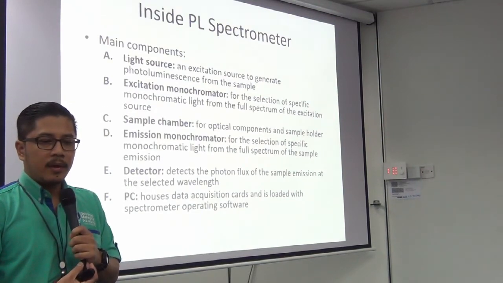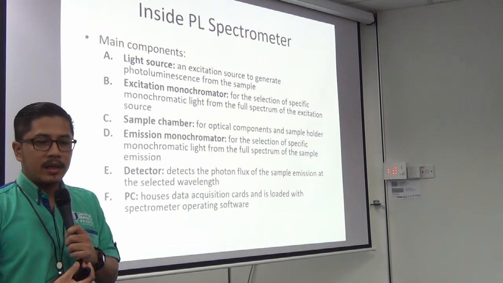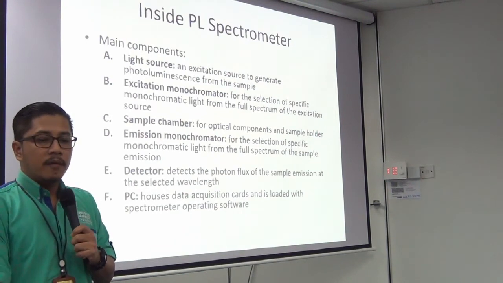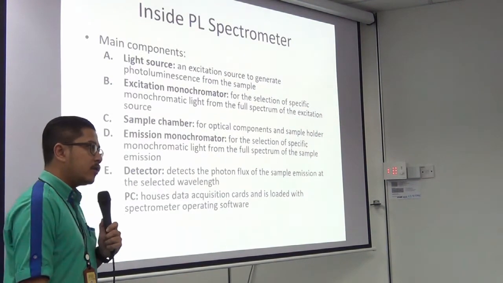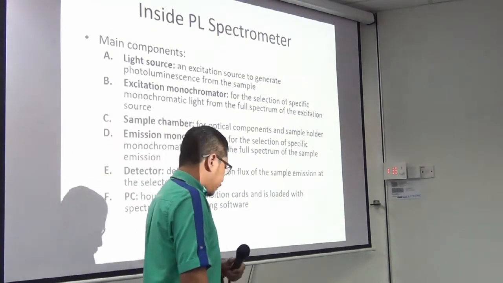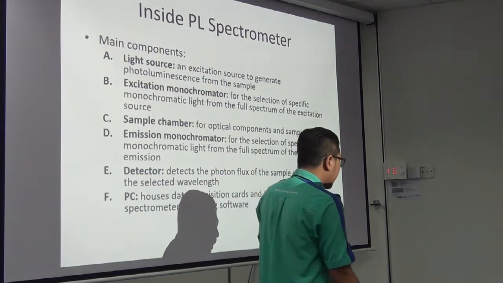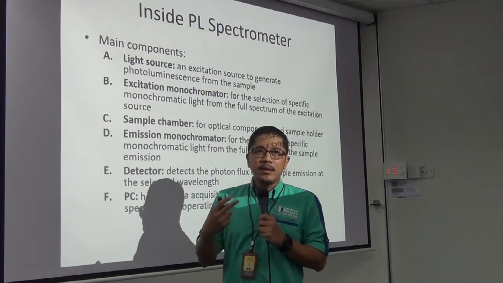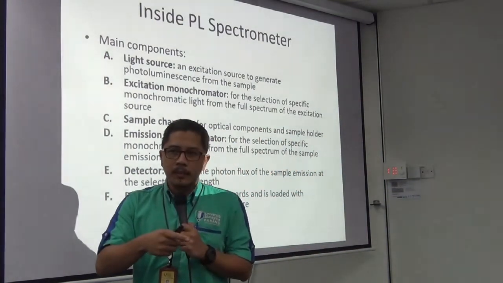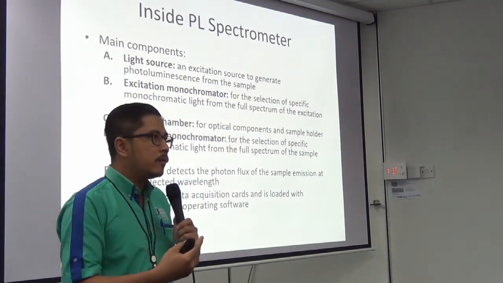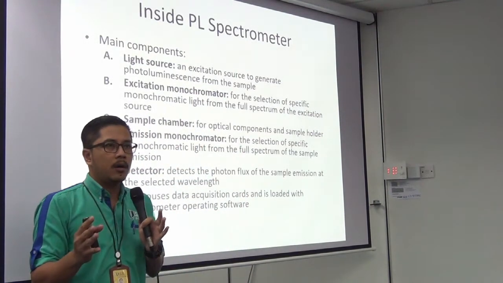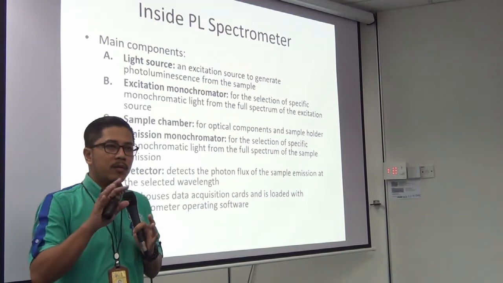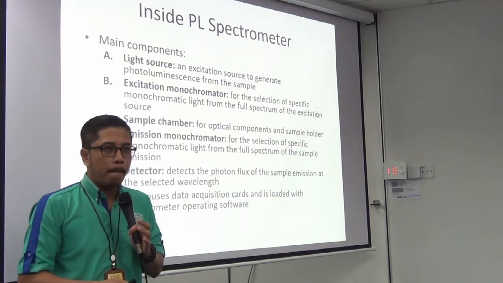And we have another one, the emission monochromator, for the selection of specific monochromatic light from the full spectrum of the sample emission. So we have two monochromators. The first is for the light source, and the second is for the light that is emitted by the sample. The sample might give you quite a wide range of light, so we need to filter out any unnecessary light.